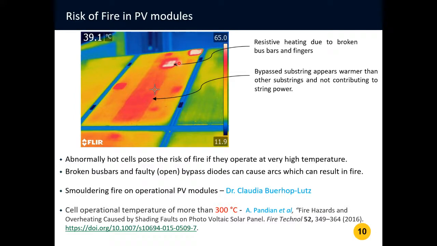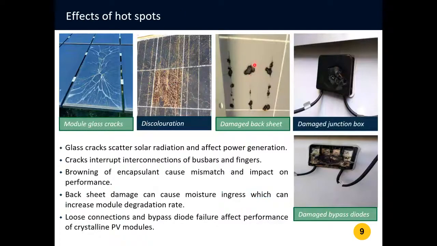So these burn marks, obviously, were caused by hot spots due to resistive heating on bus bars and fingers. I don't know if I have answered correctly. Yeah, that's a good answer.